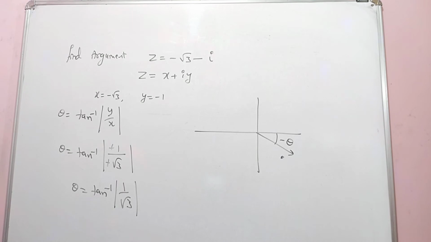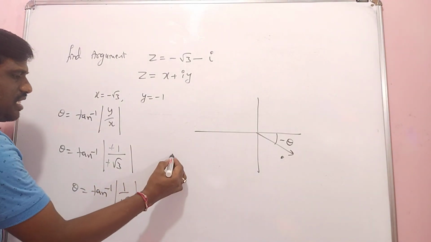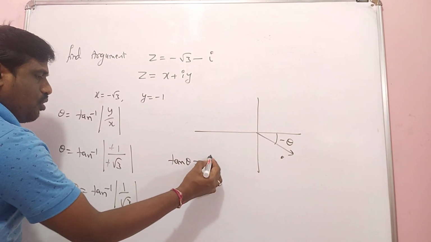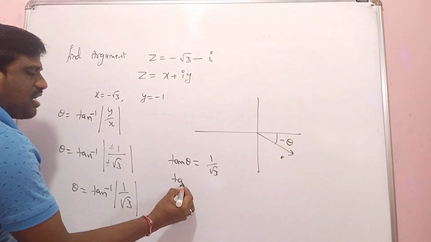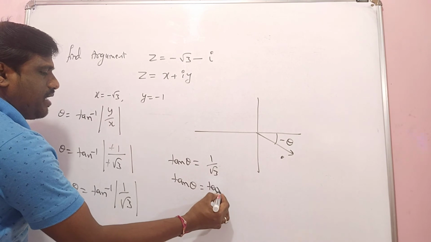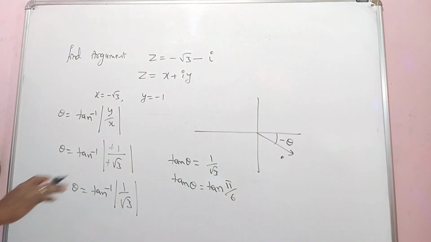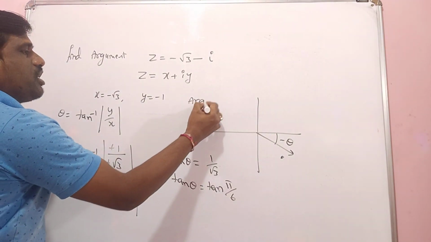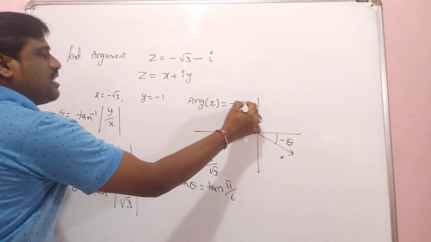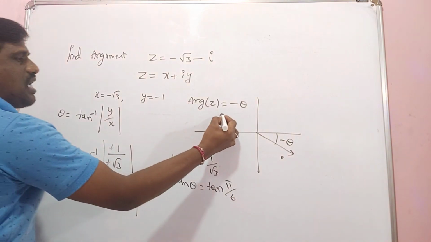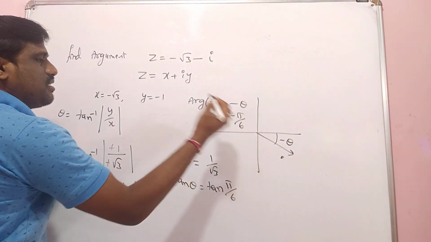Tan theta equal to 1 by root 3 happens at tan pi by 6. But what is the argument of z? That is minus theta, as taken here for the fourth quadrant. So the answer is minus pi by 6.